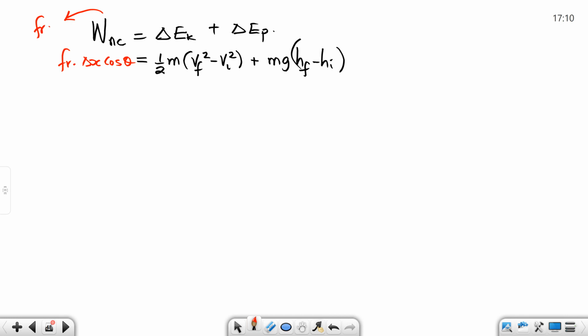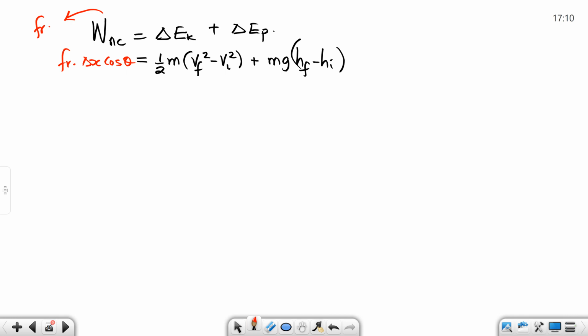We know the formula for work: W equals F delta x cos theta, right? The question now is, guys, we're just going to substitute. But for friction, what is theta? 180. Always. Don't say whether it can be 0.